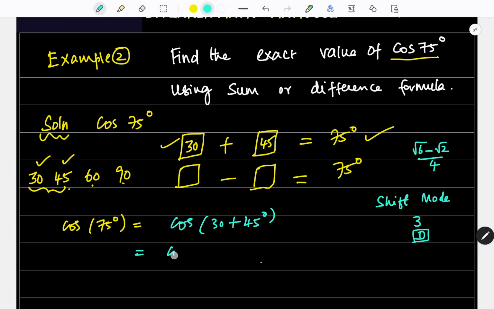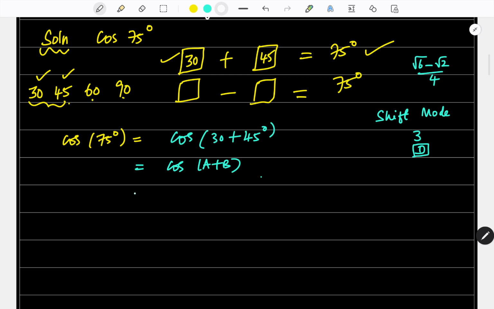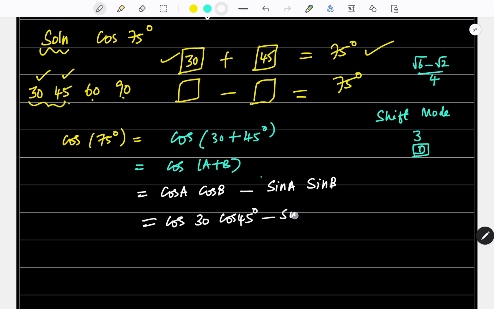So now I write it in the model of cos of A plus B. What is the formula for cos of A plus B? Cos A cos B minus sin A sin B. So it is equal to cosine 30 degrees cosine 45 degrees minus sine 30 degrees sine 45 degrees. Put everything in the calculator all together: cosine 30 multiplied by cosine 45 minus sine 30 multiplied by sine 45.